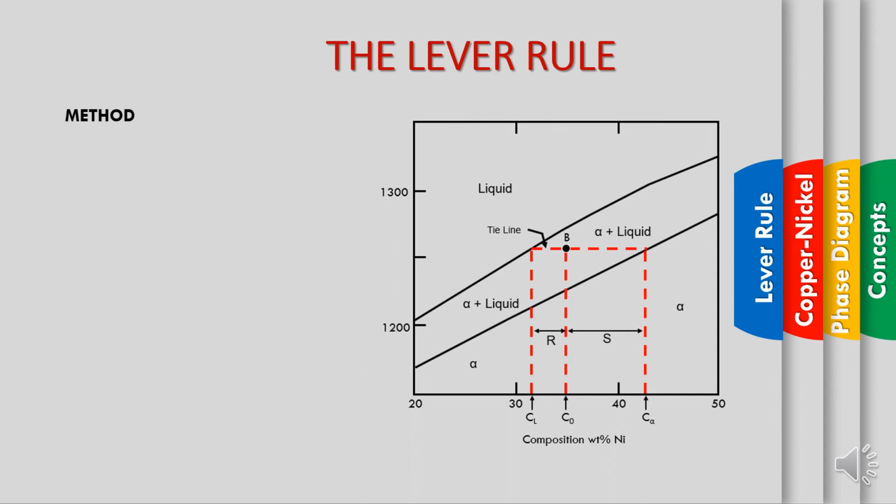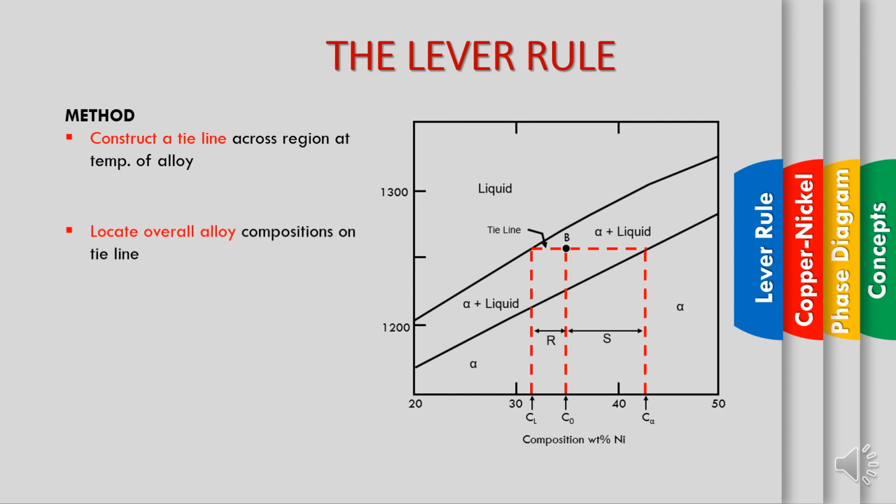So how will we get the value of this phase amount? Basically construct a tie line across the region at the temperature of the alloy. Basically I already explained this.